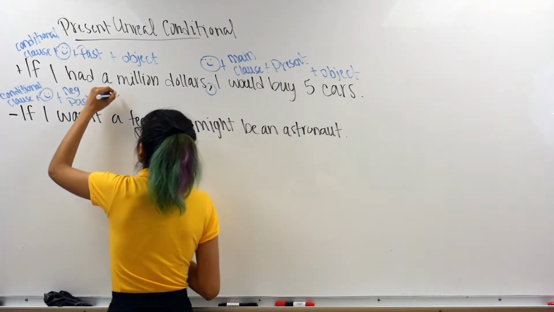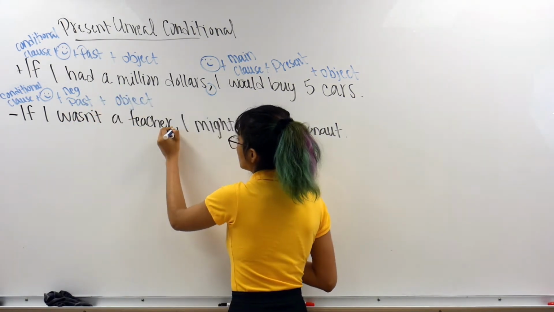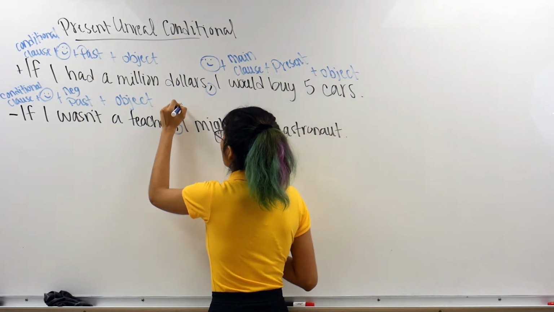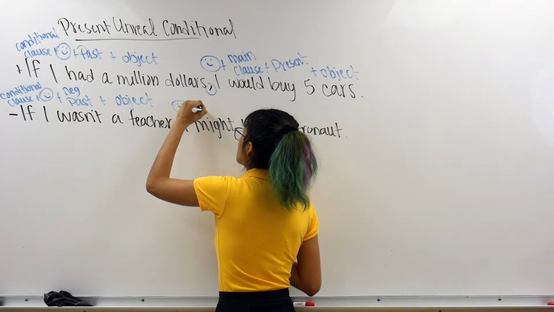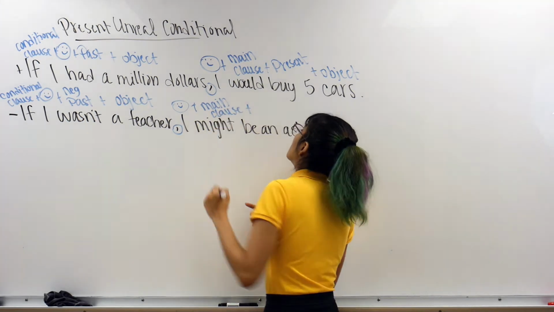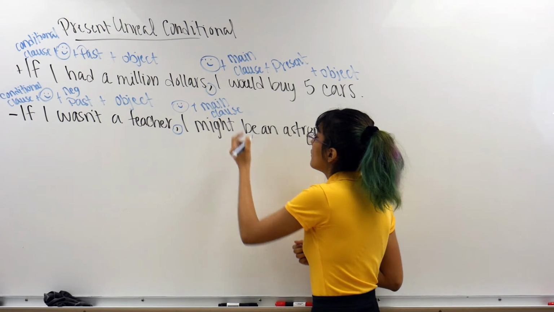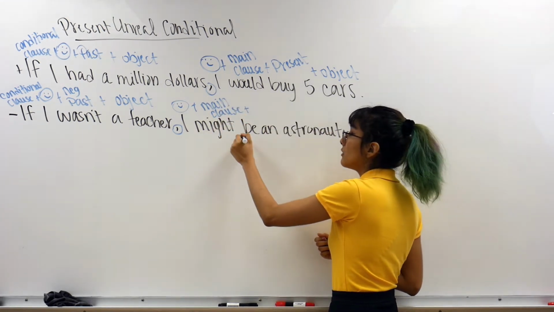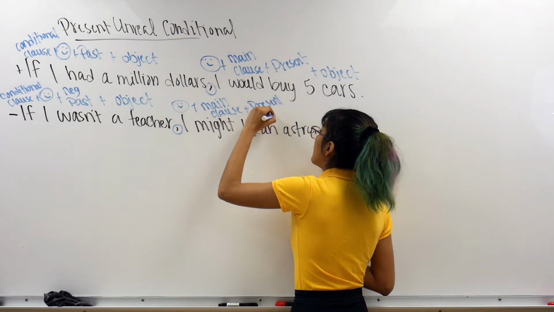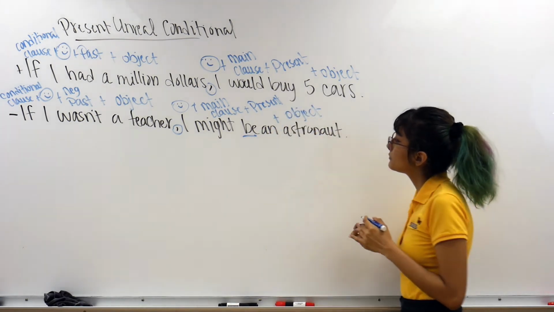A teacher, which is my object. And I'm going to use a comma to connect the two clauses. I is my person. Might is my main clause. And now we have be an astronaut. Be, which is my present verb. And an astronaut, which is my object.